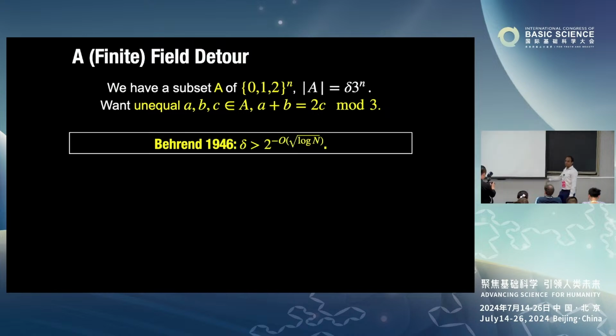Okay, so we have this construction due to Behrend from 1946, which had a root log n bound, right? And the first thing that changes is that this goes out the window. Behrend's construction really uses the fact that solving equations over the integers is harder than over modular arithmetic.